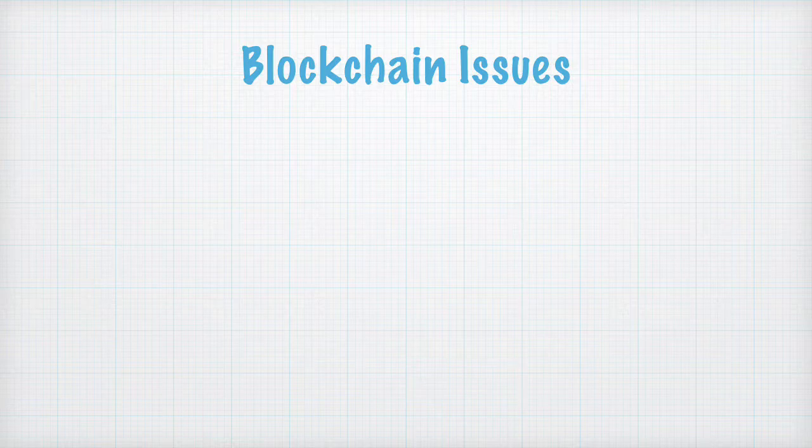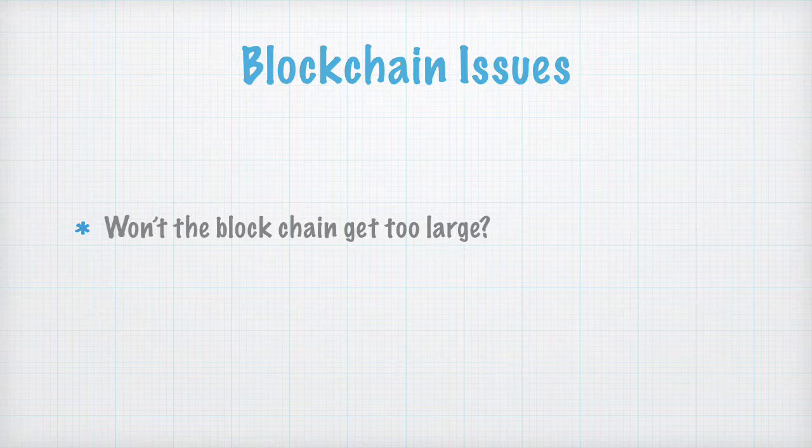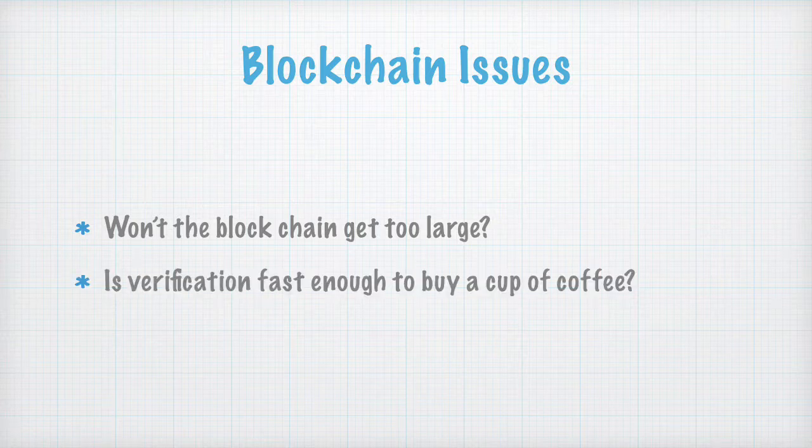So you might think that with this approach there'll be some issues. For instance, I heard people ask, well, won't the blockchain get too large? It's also already a bit of a problem. It's several tens of gigabytes last time I checked. It's probably larger now. And the other problem is that since it takes 10 minutes to create a block, and we need something like 6 blocks to make sure that the network isn't getting subverted and we're not having an alternative chain.